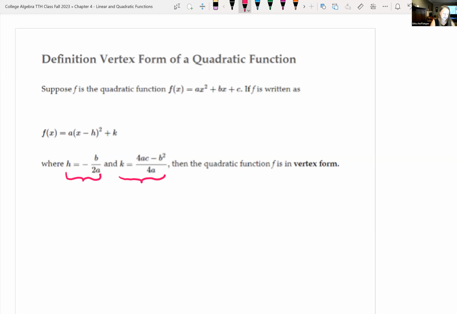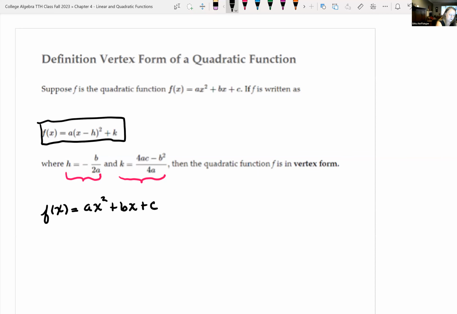So I normally don't teach it this way, but basically what they're doing in here is completing the square. And so let's look at this case where it's a generic. We have a times x squared plus bx plus c. And we want to put it in this vertex form of a quadratic equation.